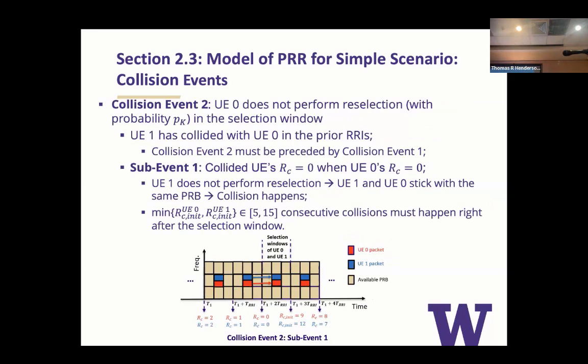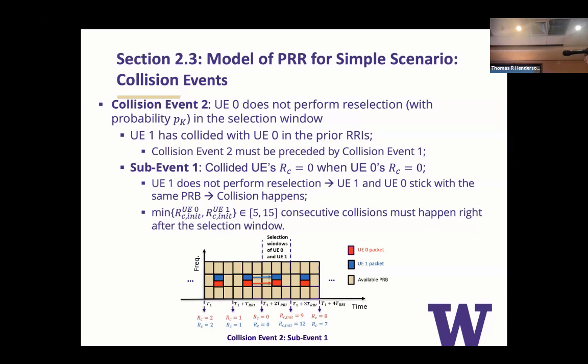Okay, let's now focus on collision event 2. Collision event 2 happens when the UE doesn't perform reselection in the selection window, with probability PK. This collision is conditioned on the two UEs having collided with each other in the prior RIs. So when UE0's RC decrements to 0, both UEs will still collide in the current selection window, but in the prior RIs they have collided with each other.